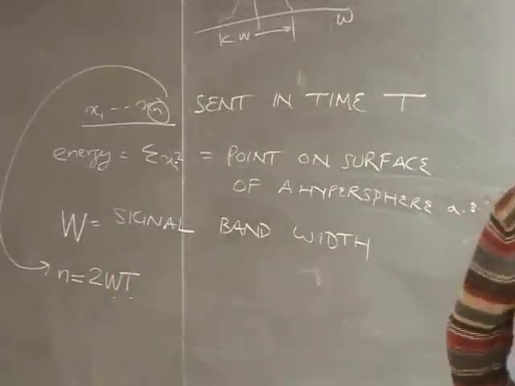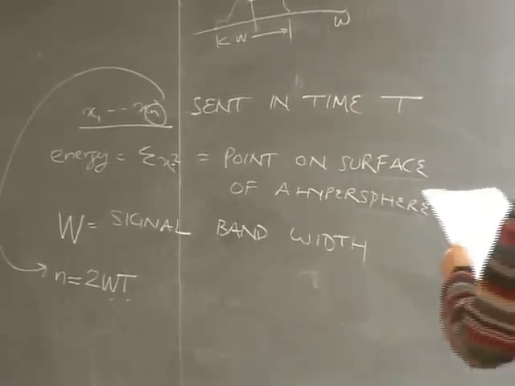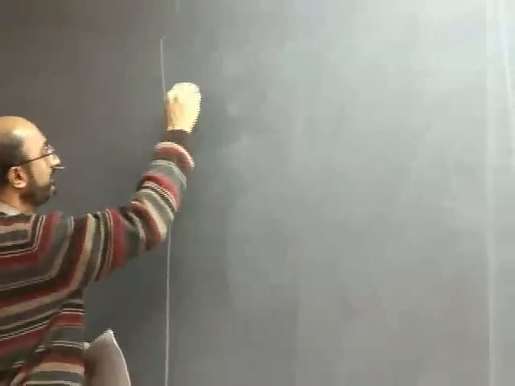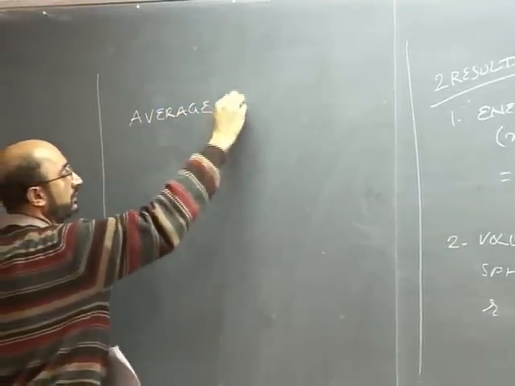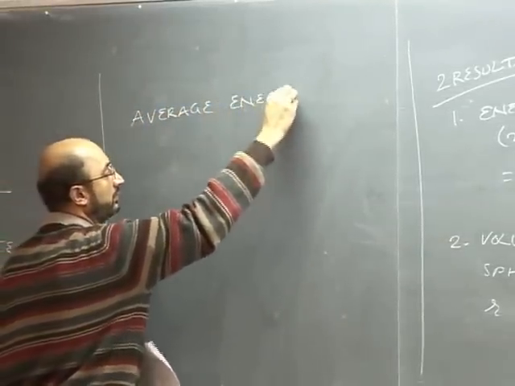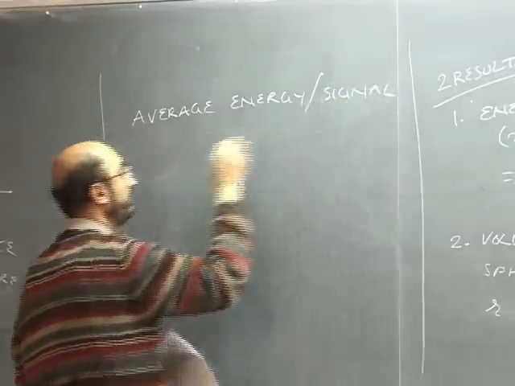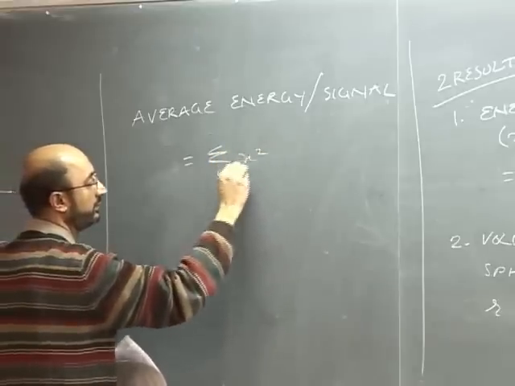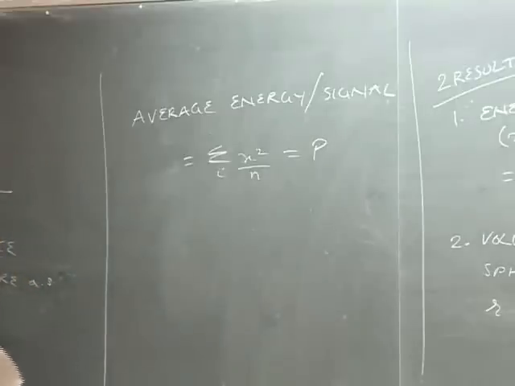Okay, so we haven't said anything about power yet. And so let's assume, or let's denote, the average energy per signal, and that's going to be nothing more than sigma xi square by n, and we'll denote that to be P, right?